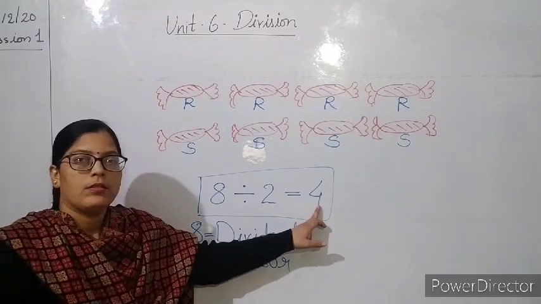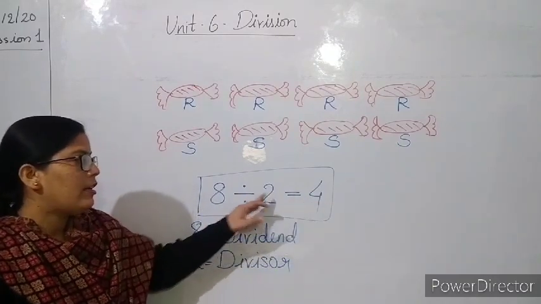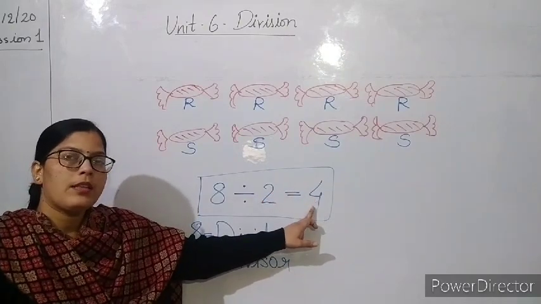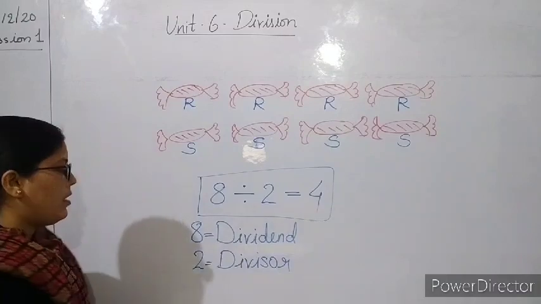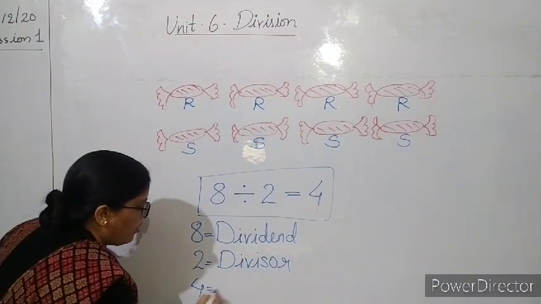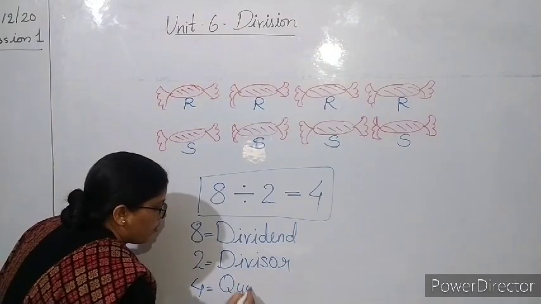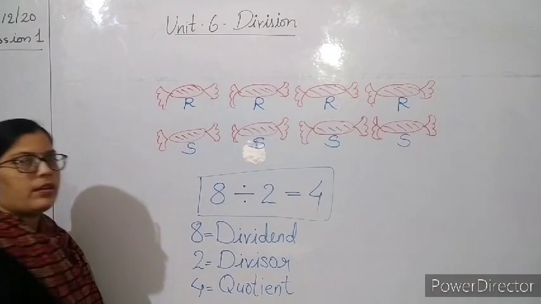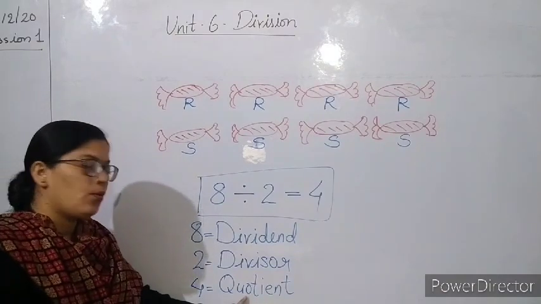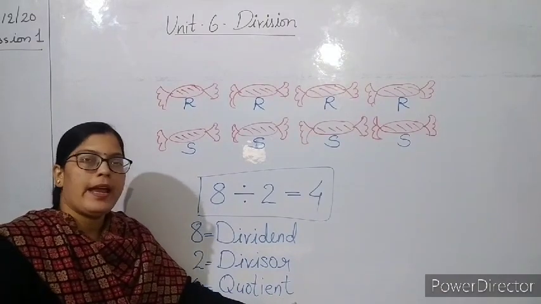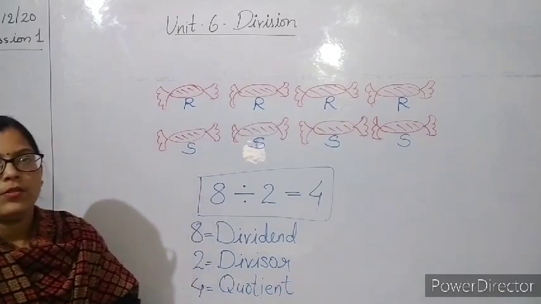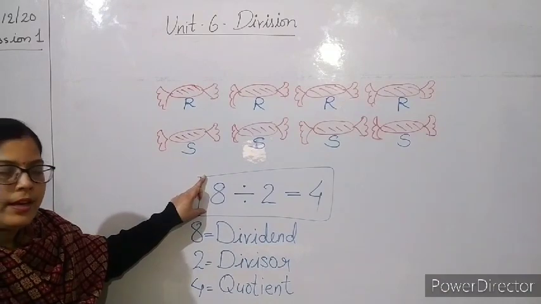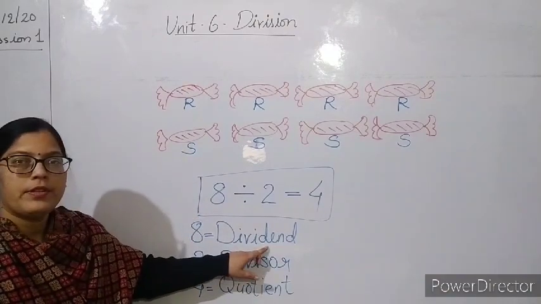Now, after dividing the numbers, we get the answer. Okay, now what is the answer of division called? The answer of division is called quotient. Q-U-O-T-I-E-N-T, quotient. Okay, so the number which is to be divided is called dividend.